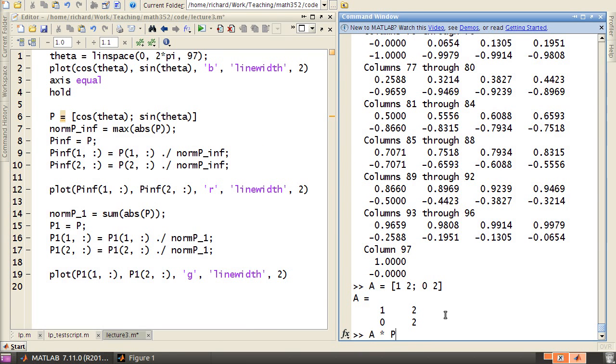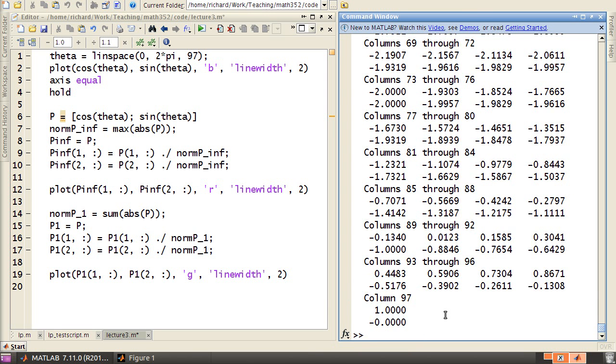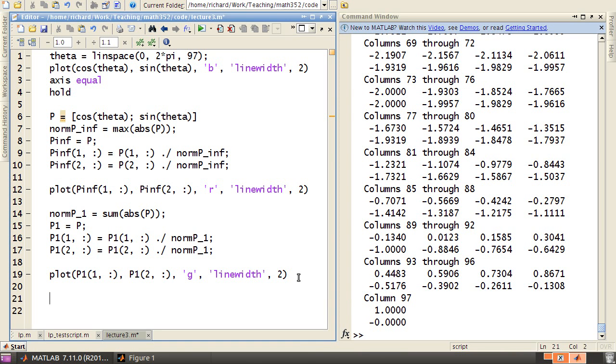If I take A and multiply, let's call it PA equals A times P, I'm taking my vector of 2 norm unit vectors, that's the circle, and multiplying each one by my matrix A. Then I get another set of points. There they go. So I'll put that back in my file.